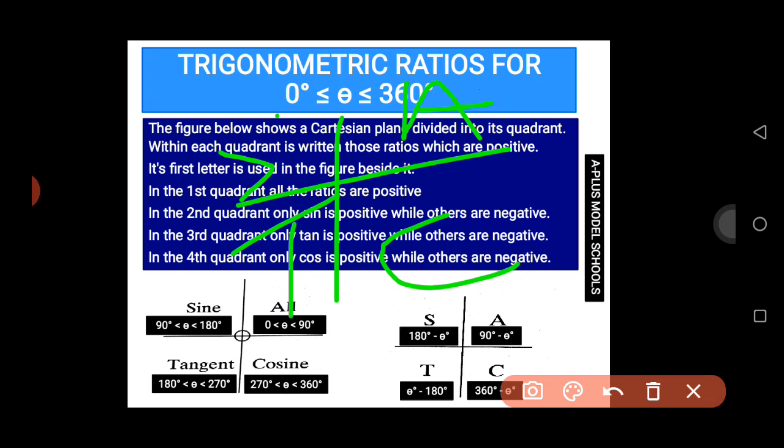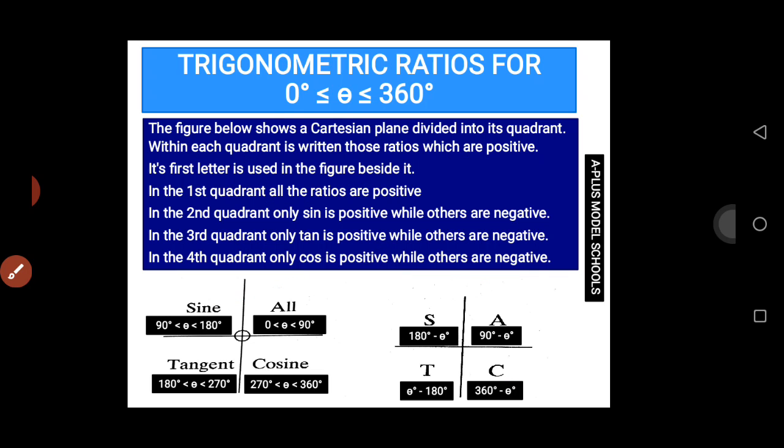With this, it is very simple. The first quadrant is A, all signs are positive. The fourth quadrant, only cos is positive, the rest are negative. Then in the third quadrant, only tan is positive, the rest are negative. Then in the second quadrant, only sine is positive, the rest are negative. So that is exactly what this diagram is indicating below it.